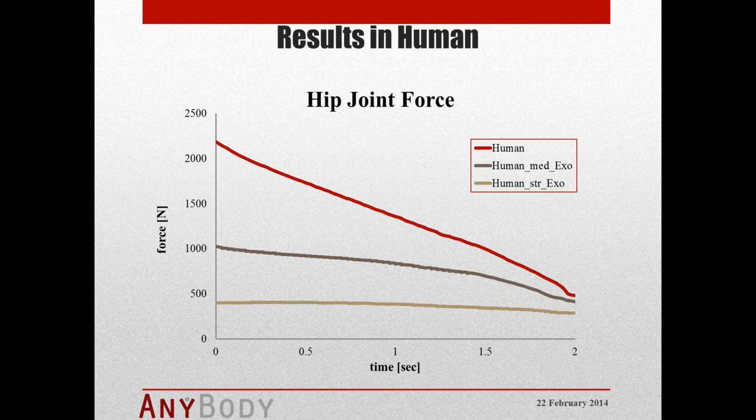However, with the exoskeleton, even with this additional weight of the exoskeleton, we have a reduction of those hip joint reaction forces to about 1,000 Newton, and when we use the exoskeleton with strong actuators, we have even less force.